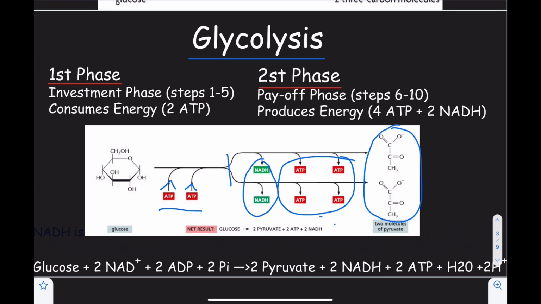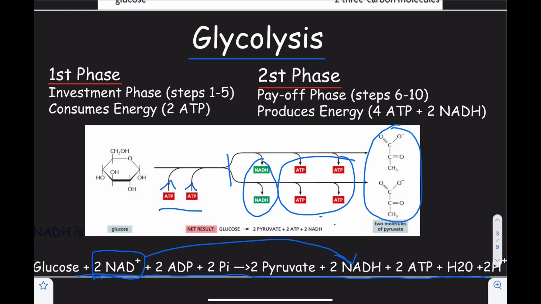And here the reaction on the bottom, chemical reaction for glycolysis, is right here. As you can see, glucose gets oxidized, but what do you think happens to 2 NAD plus? What happens to this molecule? Would you say it's reduced or oxidized?